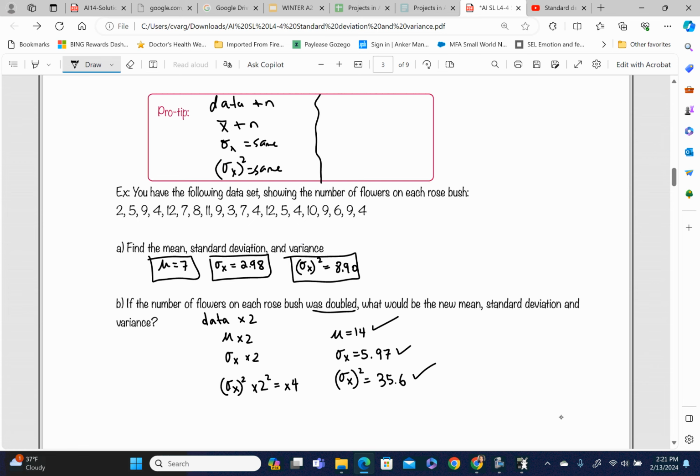Whereas if your data is getting multiplied by something, multiplied by n, your mean is getting multiplied by n as well. Your standard deviation is getting multiplied by that same number, and your variance is going to be times that number squared, okay?